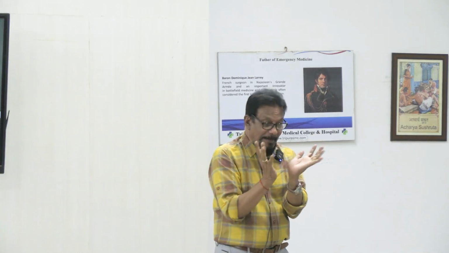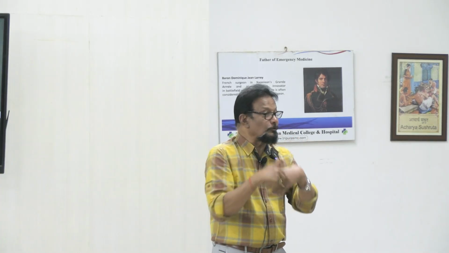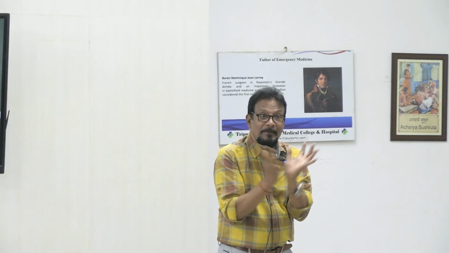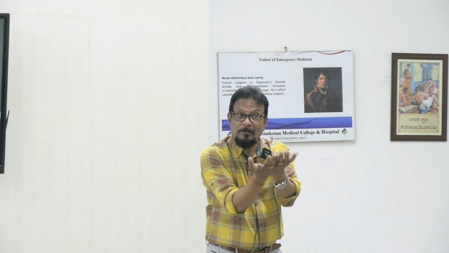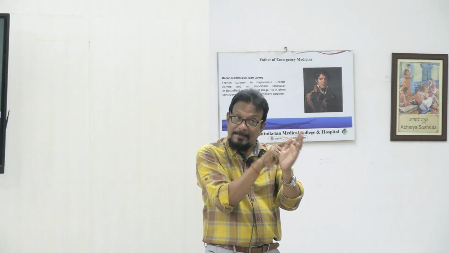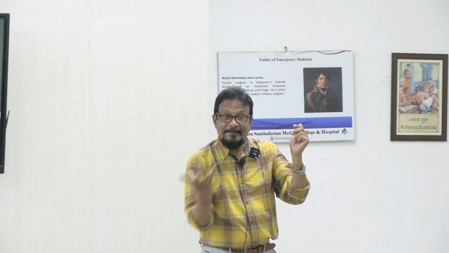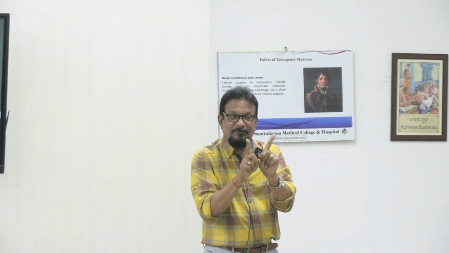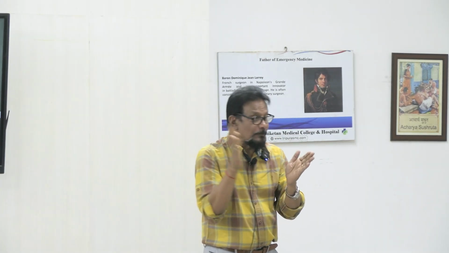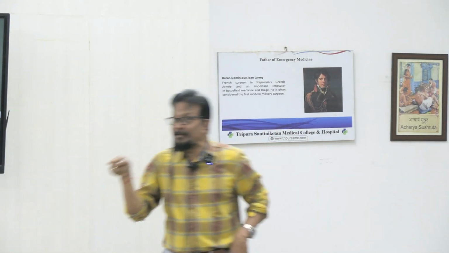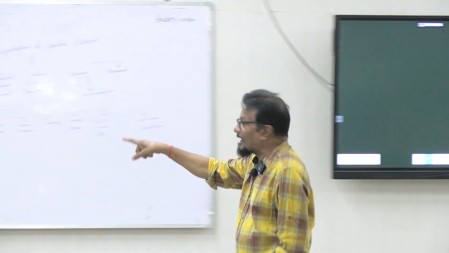Stroke volume, the blood that has gone to the circulation during each beat. So stroke volume is end diastolic volume minus end systolic volume.